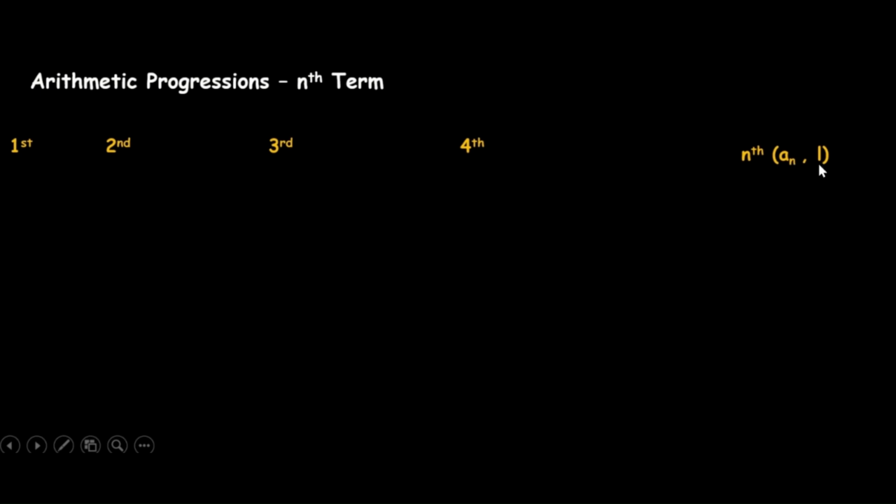And sometimes it is also indicated with symbol L to indicate that it is the last number of the arithmetic progression. L for last number. So let us say our first term in the arithmetic progression is A, and the common difference, a constant number, is D. Then the terms of the arithmetic progression would be A, A plus D, A plus D plus D, and so on.